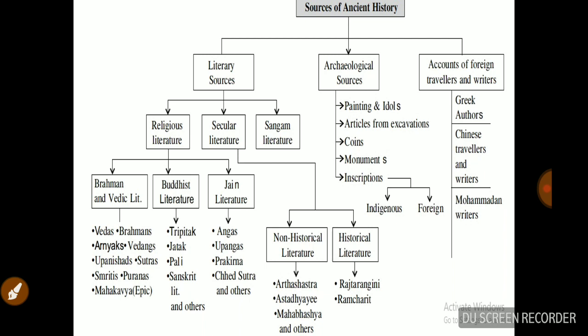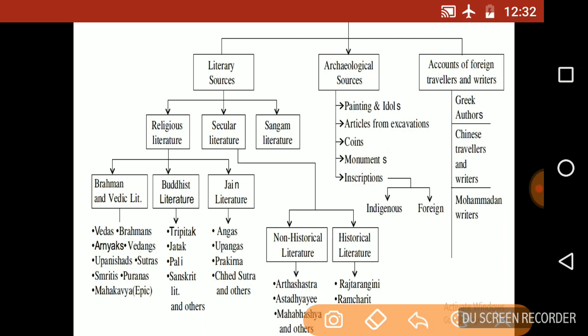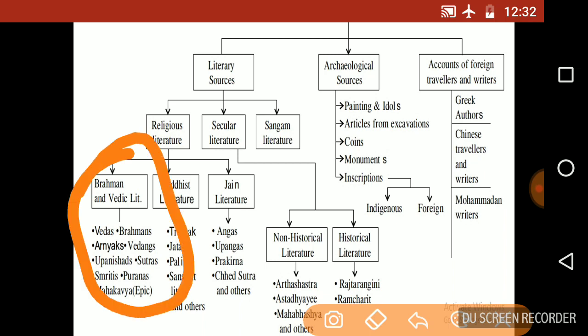Now what we are going to discuss is the first slot, literary sources, and we switch to the first box, religious literature. Religious literature is classified into three categories: Brahmanical, Buddhist, and Jain. Today we are discussing the Brahmanical type.